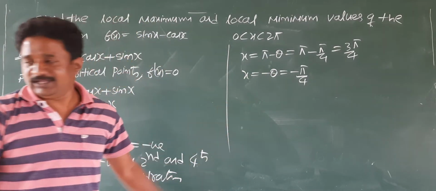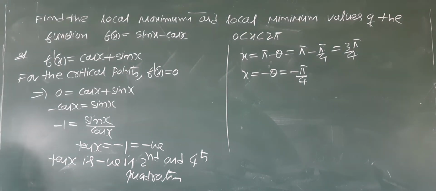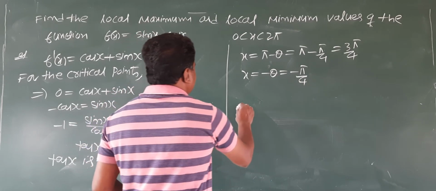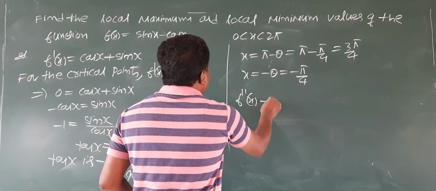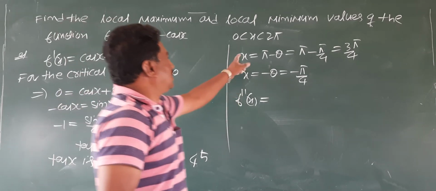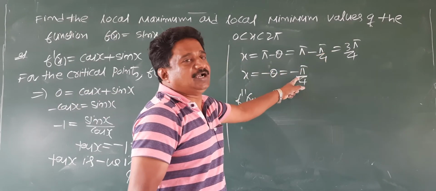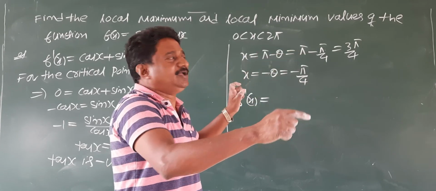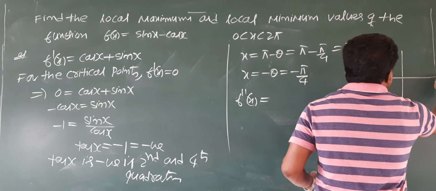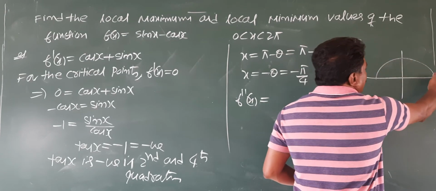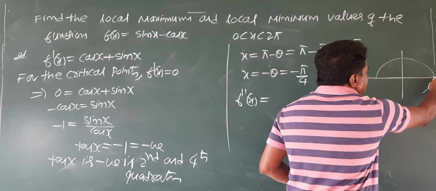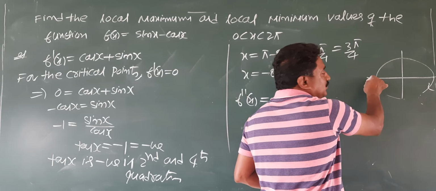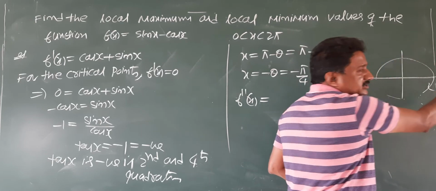Now go for confirming that. So write f double dash x. This is the second quadrant angle, this is the fourth quadrant angle, because minus theta belongs to the fourth quadrant. If I move in the negative direction, minus 30, minus 45, minus 90, minus 180, minus 270, minus 360.